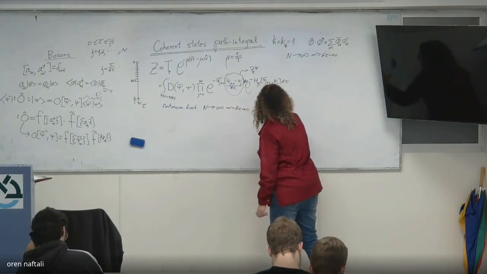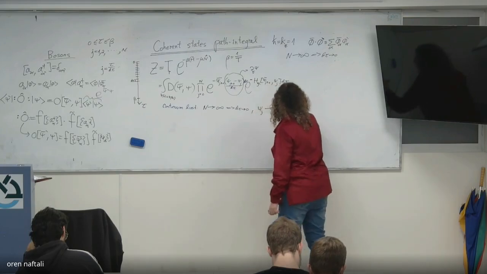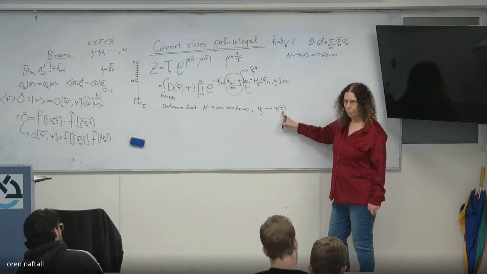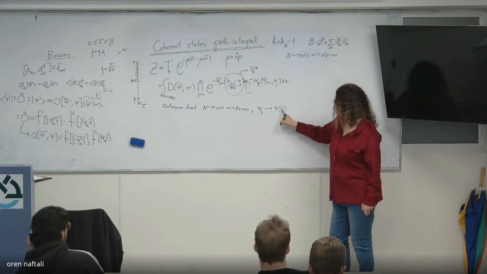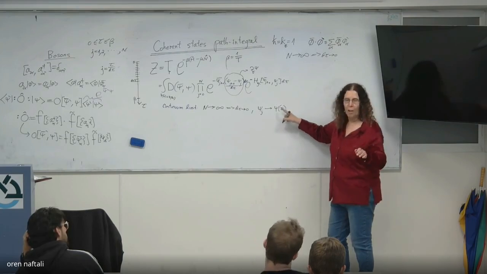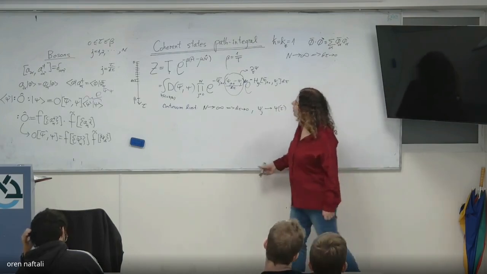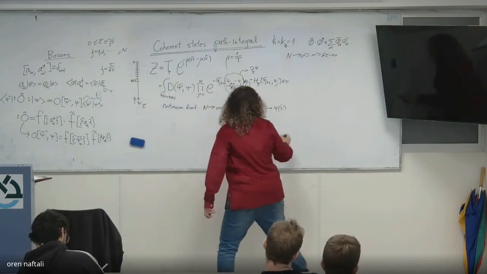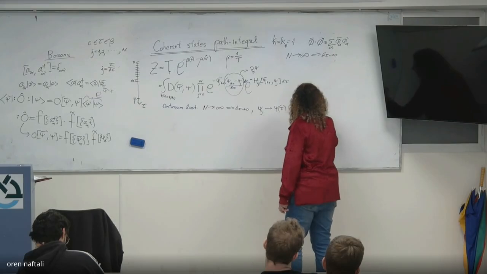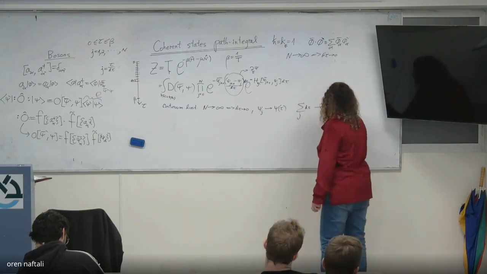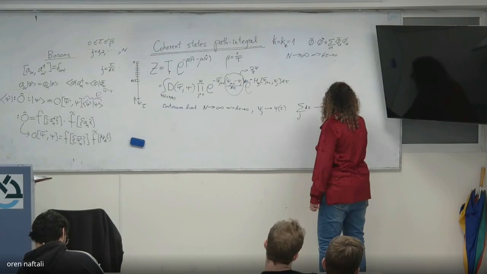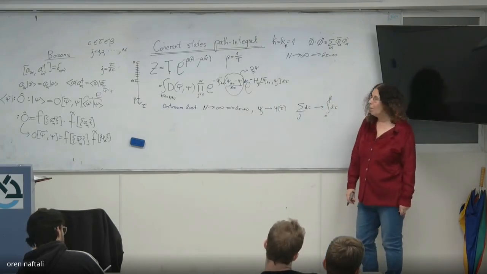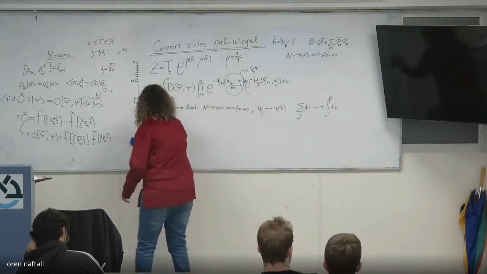Psi j is going to be replaced by a function of a continuous variable tau. Okay? So it's now like time, really the imaginary time, a continuous variable that goes all the way from 0 to beta. And the sum over j is going to be replaced by an integral from 0 to beta. Okay? So let's see what we got from this.